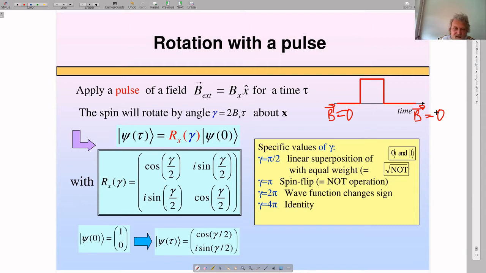But let us, for simplicity, first think of a qubit without energy splitting. The manipulation is quite simple. One just applies a pulse of a field for a certain time duration.